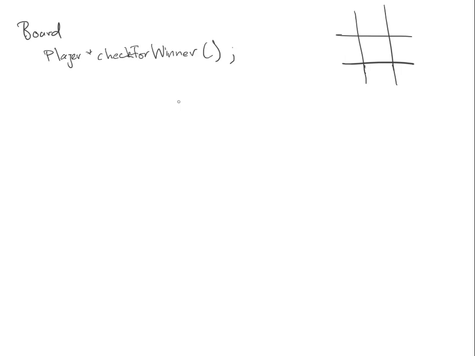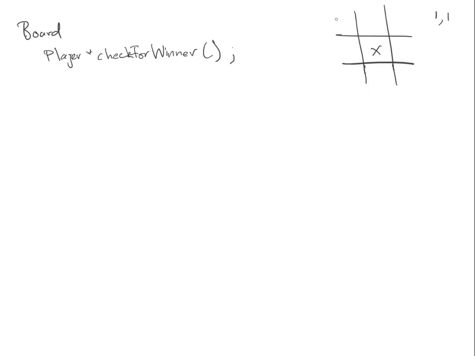We're going to need access to the positions on the board themselves. So how are we going to set X to this position right here if player 1 wants to move there? And that position is going to be 1, 1. Remember, we're going to zero based.